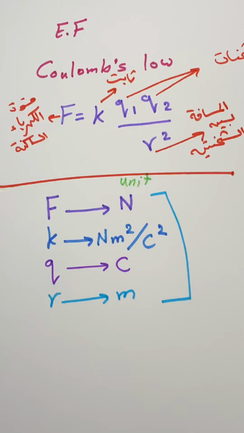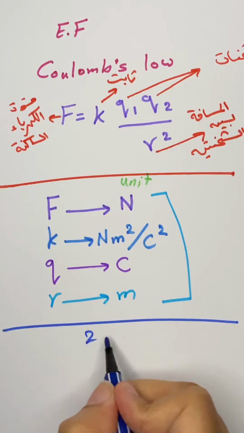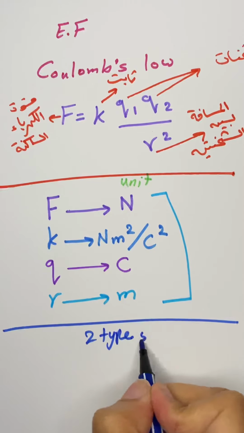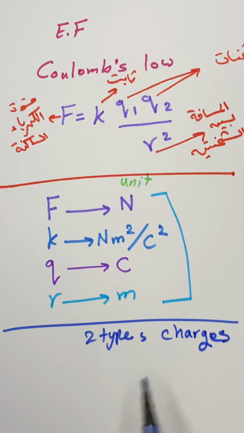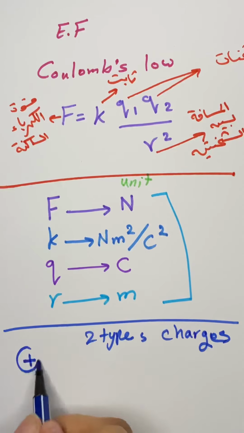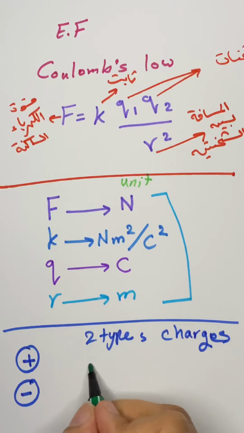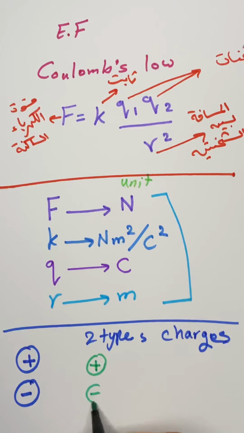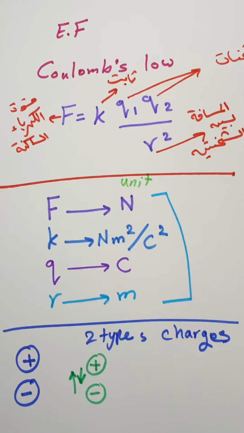Then you must know that we have two different types of charges. We have plus charge and we have minus charge. If I have plus and minus, they will attract each other, so they will move toward each other.